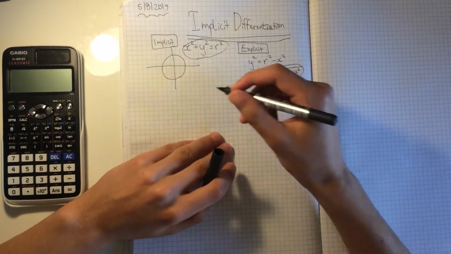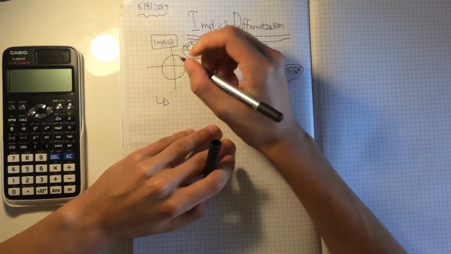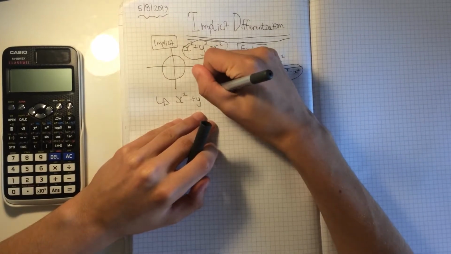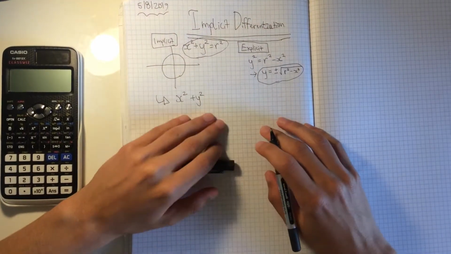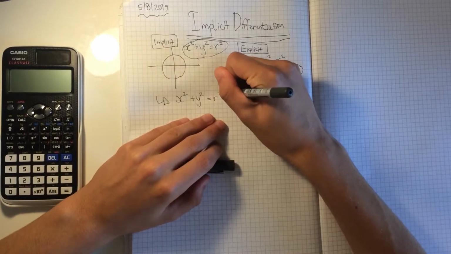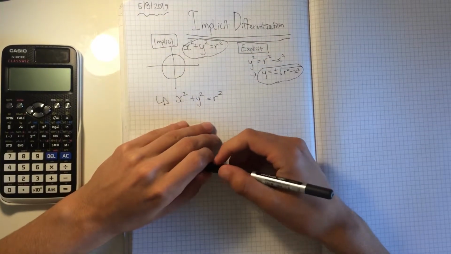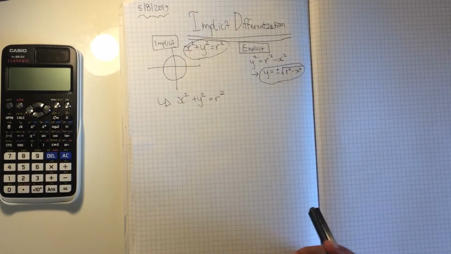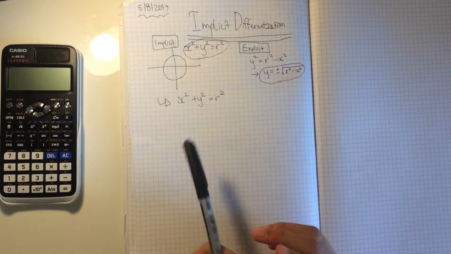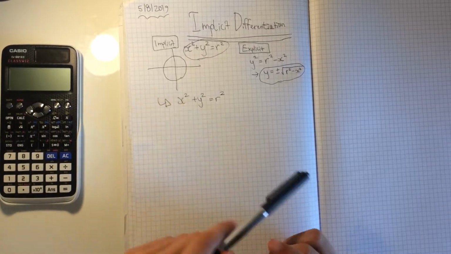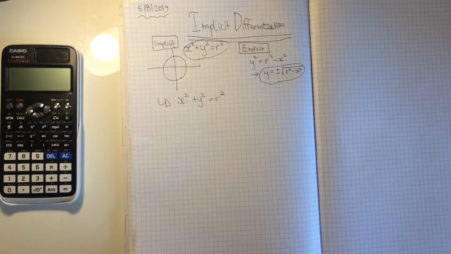You start with the equation of a circle, which is a classic example for implicit differentiation. Then you apply an operation on all sides. Which operation can we do to simplify this? Because there are a lot of squares, and it's hard to do anything from that starting point.